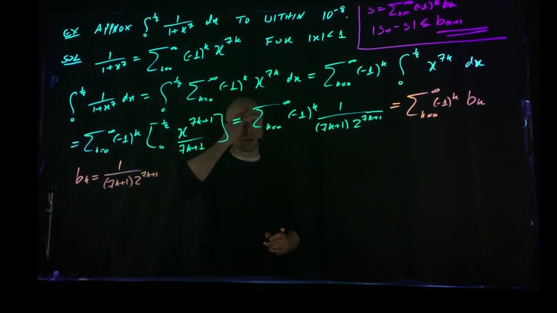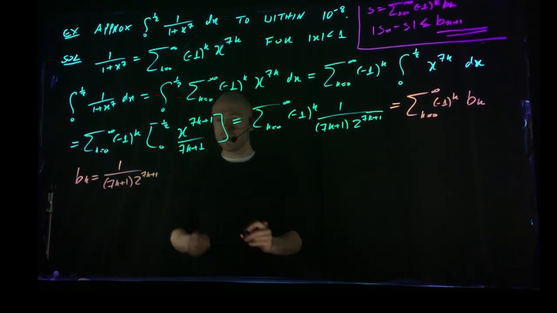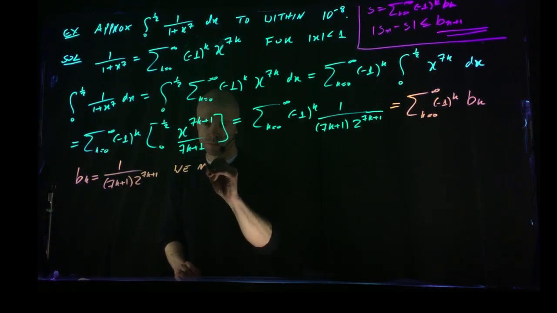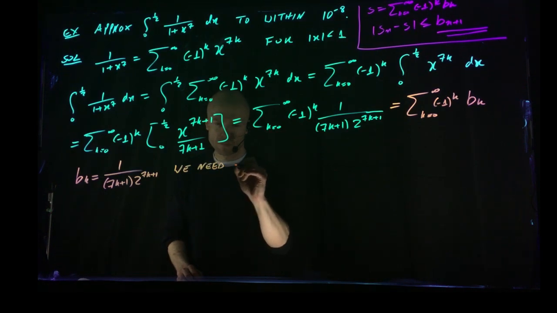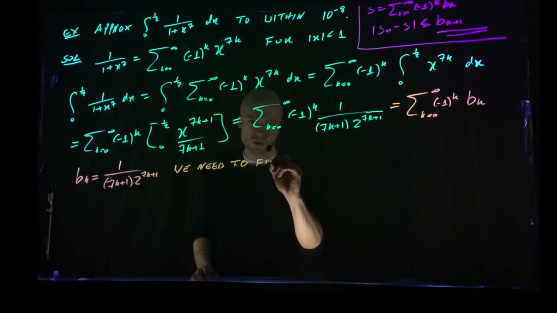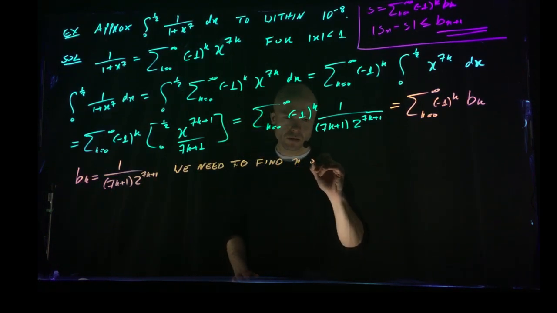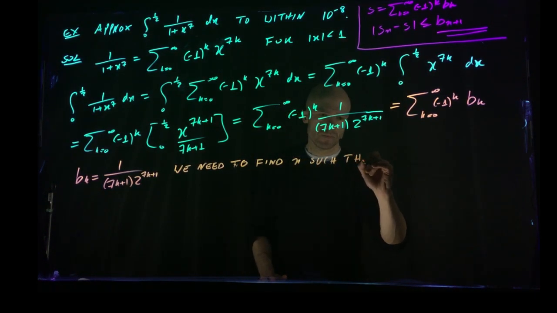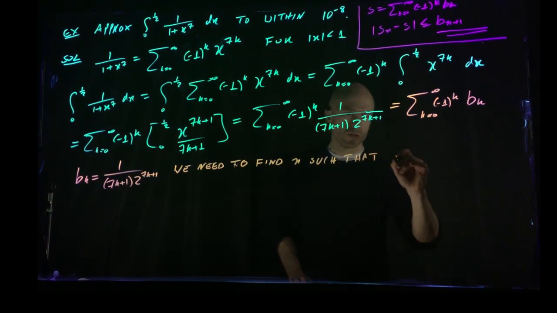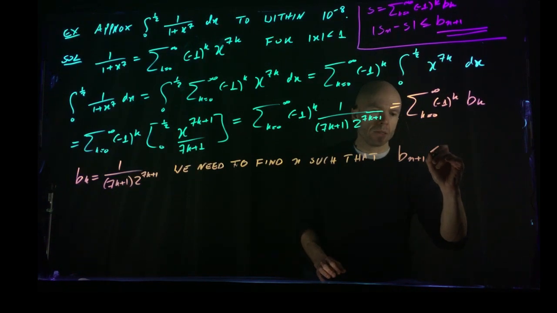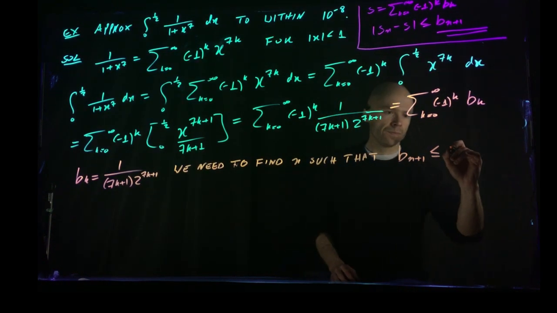Okay, so to get this answer to within 10 to the minus 8, we need to find n such that the b_(n+1) step size is less than 10 to the minus 8.